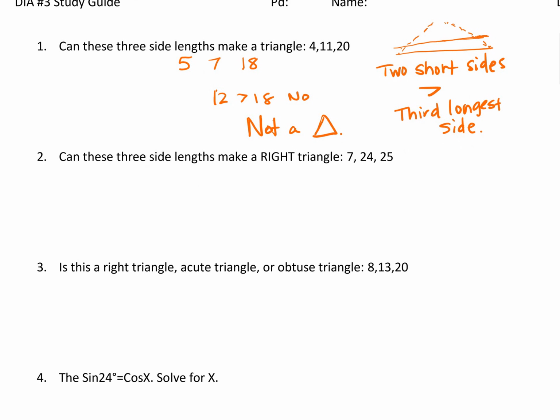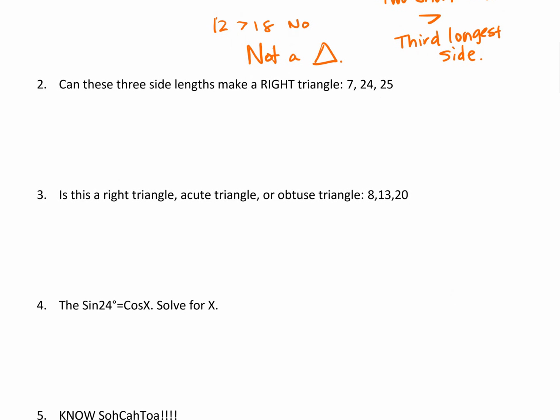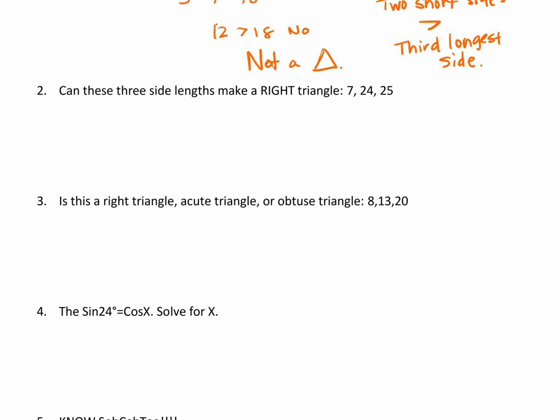So then the next question, can these three side lengths make a right triangle? So the test there is if the two smaller sides make the Pythagorean theorem true, in other words, it's equal, then we can call it a right triangle.